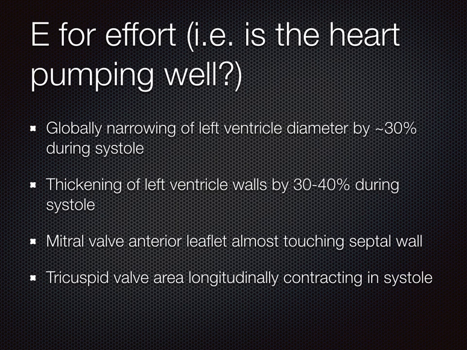So it moves backwards and forwards. Is that actually happening? Is the area around the tricuspid valve actually moving towards the apex during systole? So really, E is for effort: is the heart pumping well?